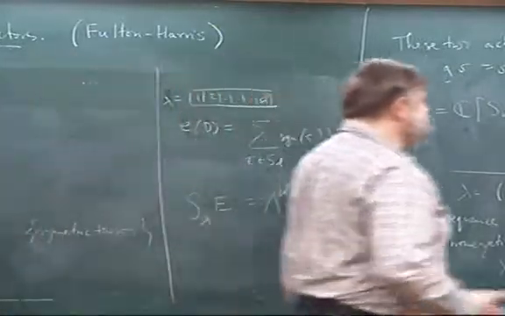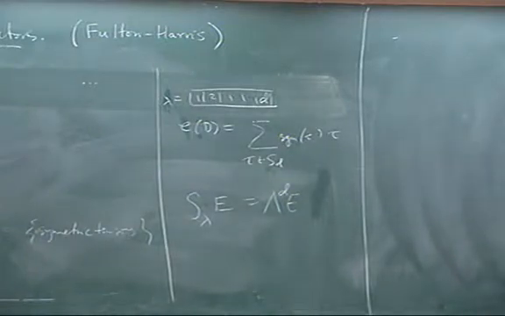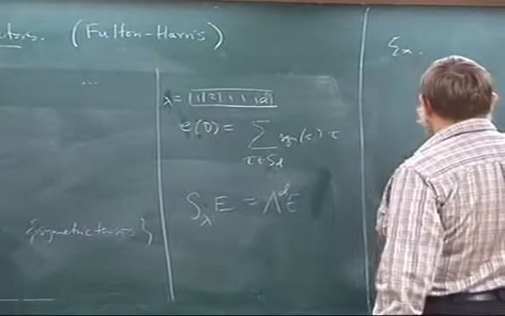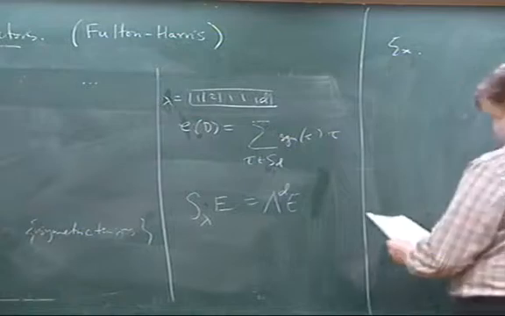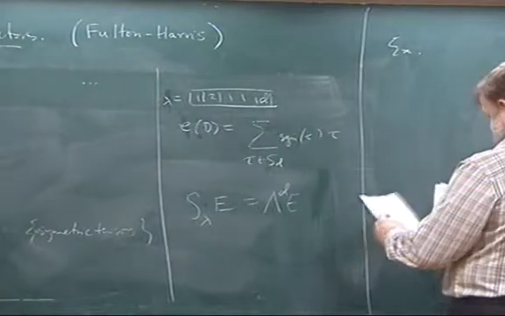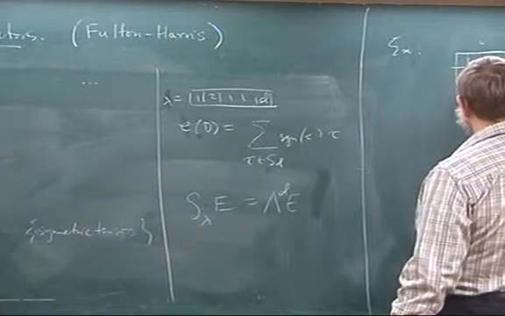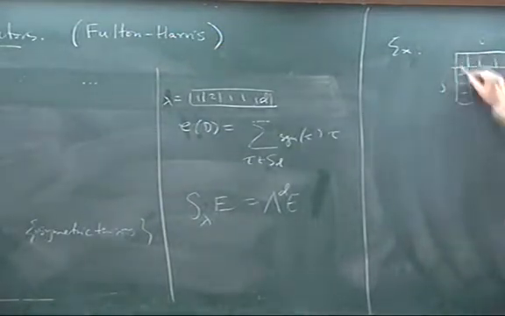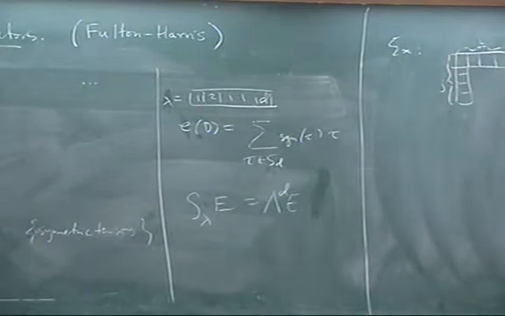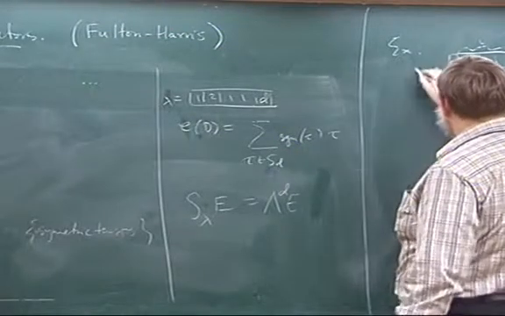And for all other partitions, you get kind of a mixture. Let me just give you one more example, because this probably everybody knows really. So let's just look at something like this, i and j. So this is our lambda.